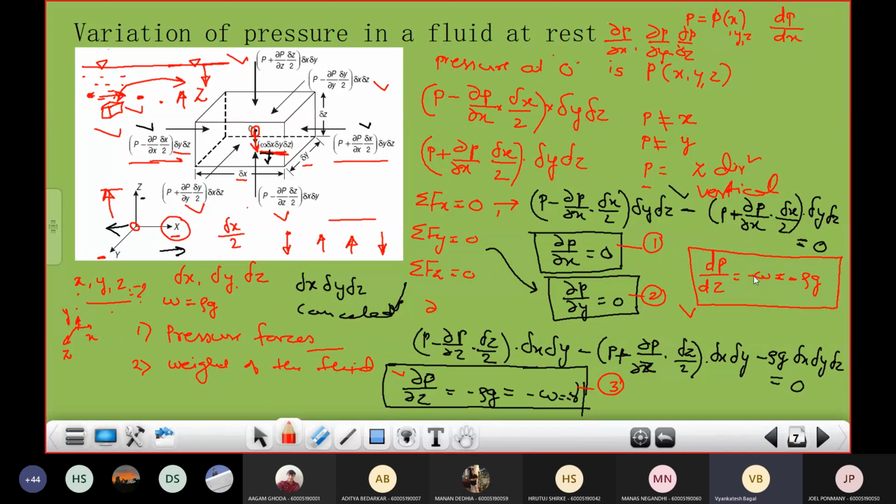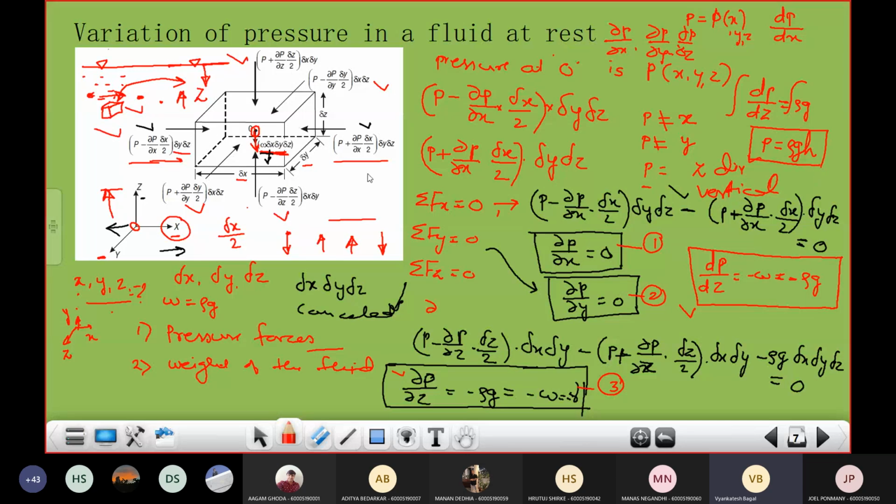So that time I need not write this minus w. I will simply write dp by dz is equal to w or rho g. So the minus sign I can take out. Clear? So if I integrate this equation, then what I get is pressure is equal to rho g h, this expression which we have used previously.